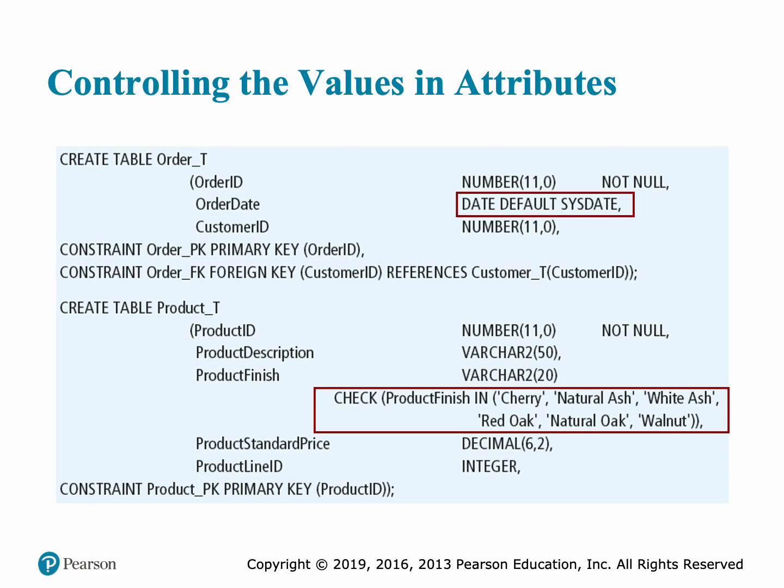We also see a default value for order date, which is sysdate. Sysdate is the current date. So if a new order record is created and the order date is not explicitly entered, then it defaults to the current date at the time the record is created via an insert statement.